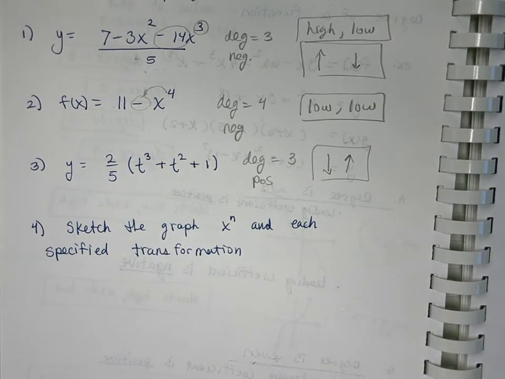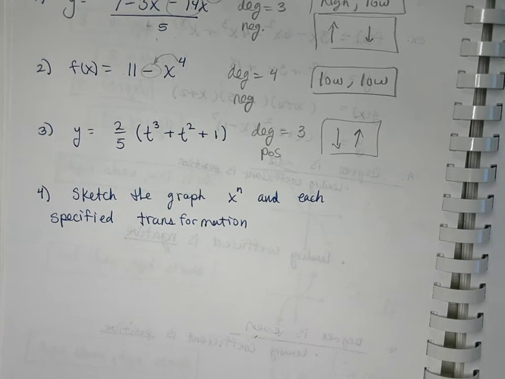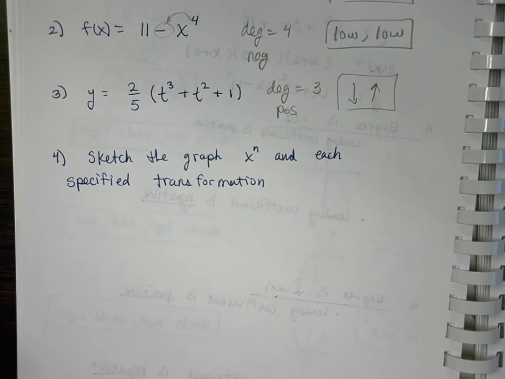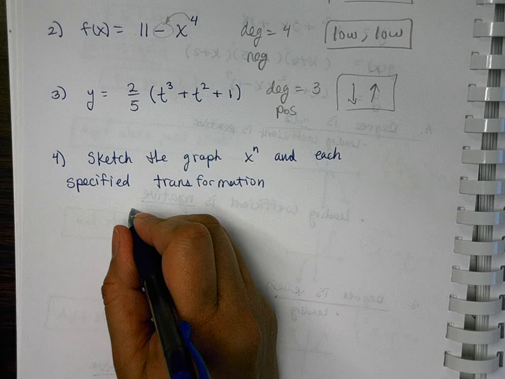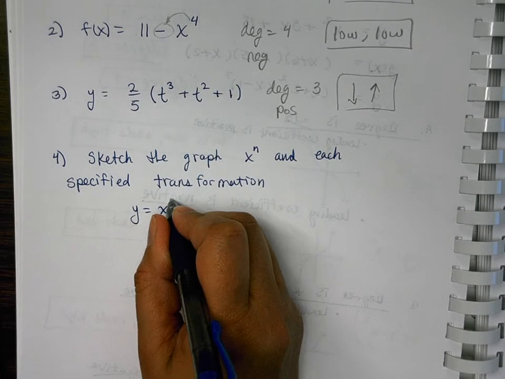We're just about done. All right, the x to the n graph for this one is going to be y equals x to the 7th power.